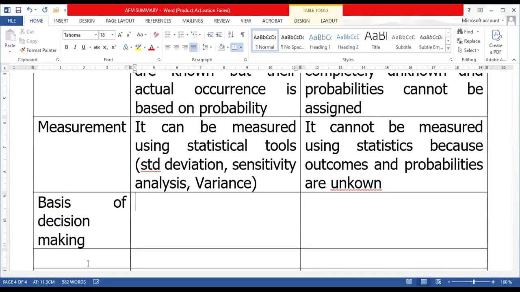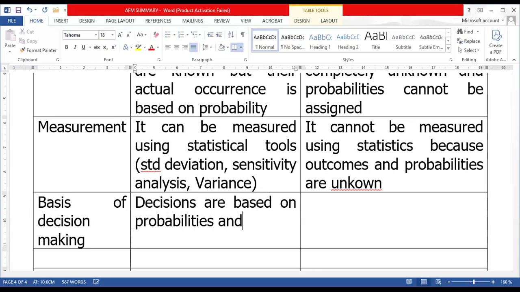With risk, decisions are based on probabilities and calculated outcomes.